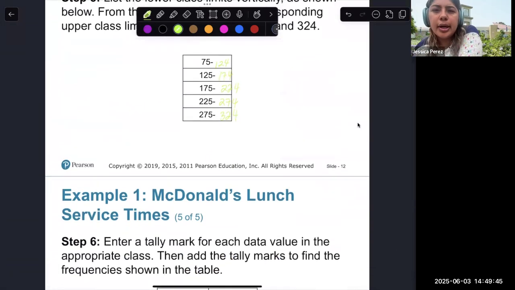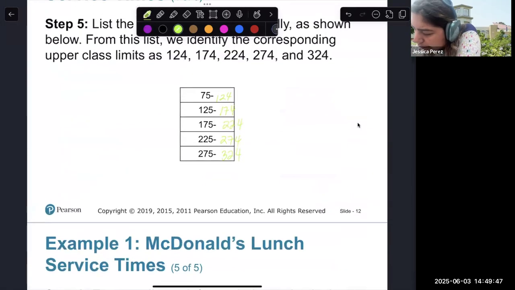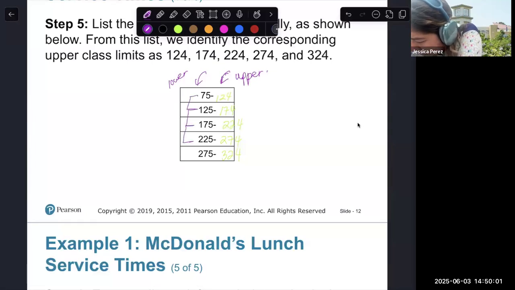On the left side, this is my lower, and the ones on my right side, those are my upper class. The width between each of the lower classes is 50, which is the width of the class.